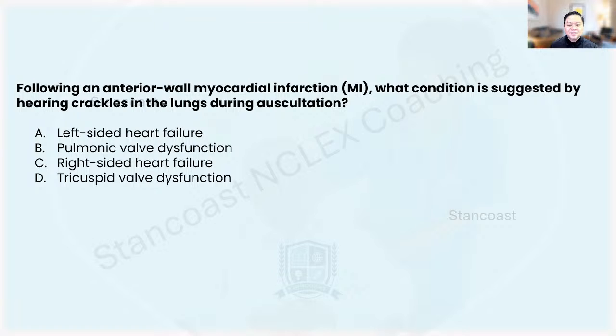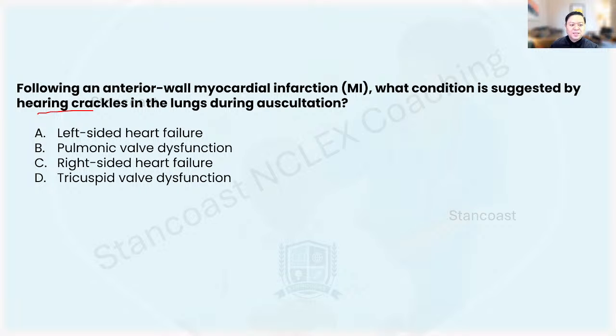All right. So again, the question said, following an anterior wall MI, what condition is suggested by hearing crackles in the lungs during auscultation? When you get to that point, when you are hearing those crackles, the patient has already developed that complication. And we just want you to identify what complication has set in for this patient.